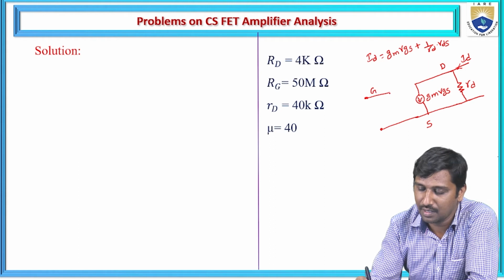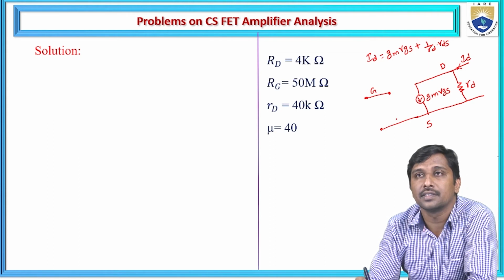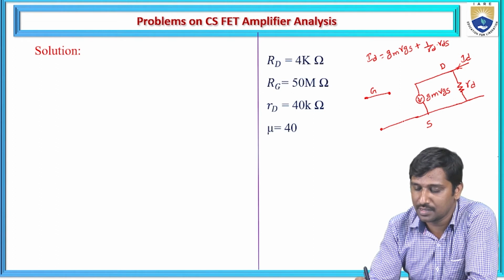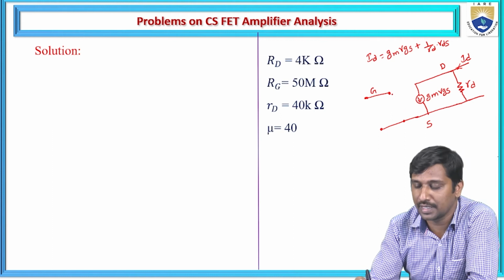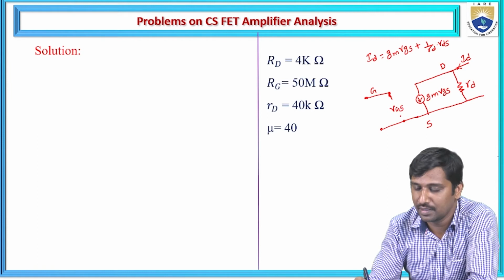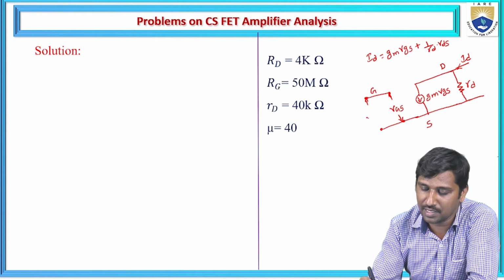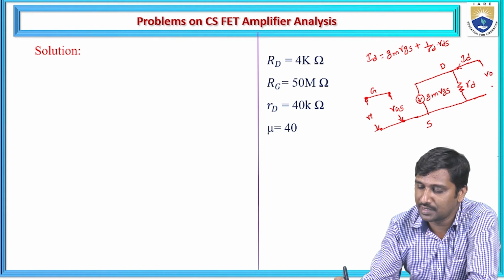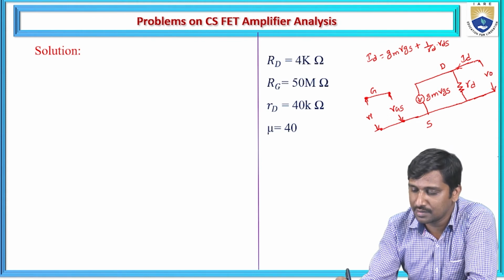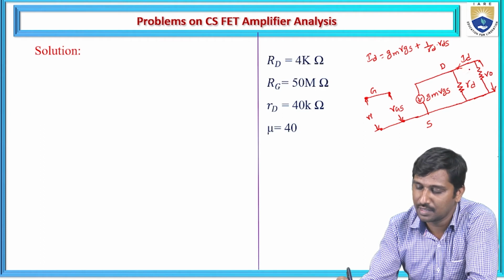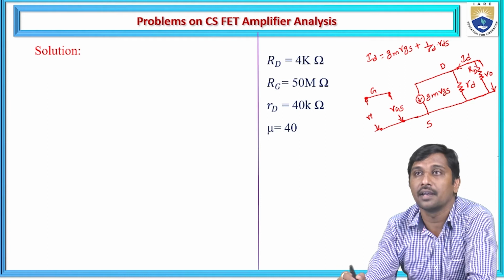This is the gate, and generally for a JFET, the gate is biased with reverse voltage, so there is no current flowing through the gate. The biasing voltage between the gate and the source is VGS, and we allow the input Vi. Now we observe the output voltage V0, and we place an external drain resistance or load resistance, represented as capital RD.